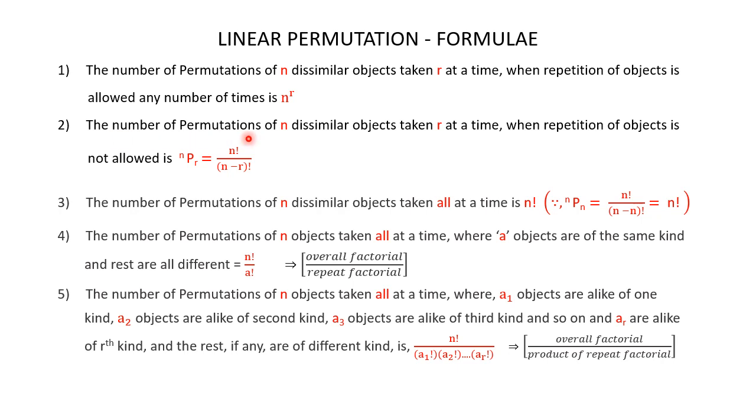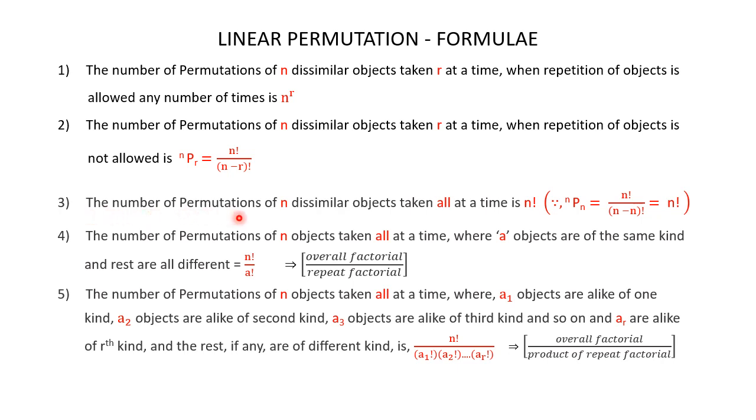The number of permutations of n dissimilar objects taken r at a time when repetition of objects is not allowed is nPr. nPr is equal to n factorial divided by n minus r factorial.